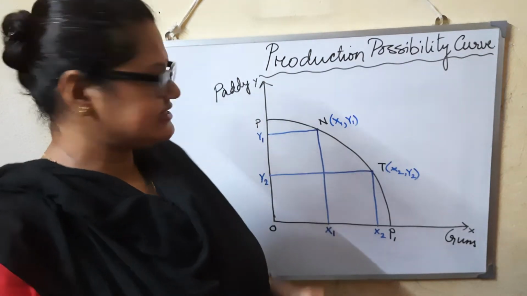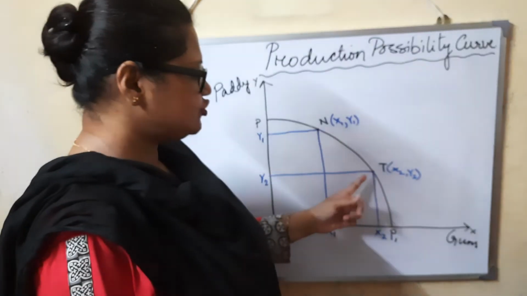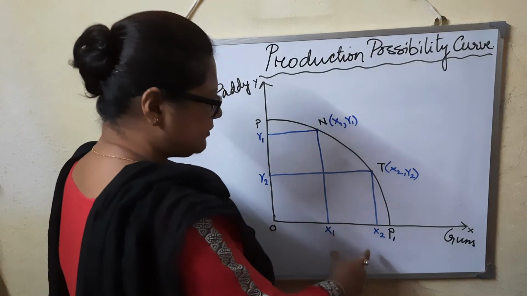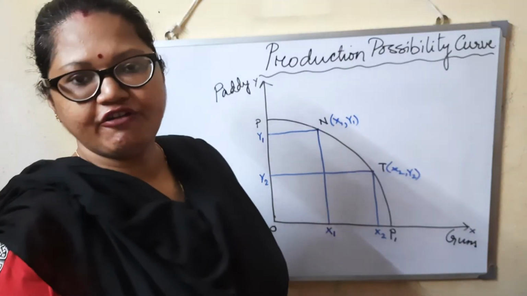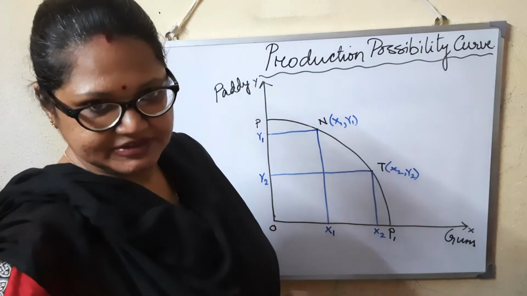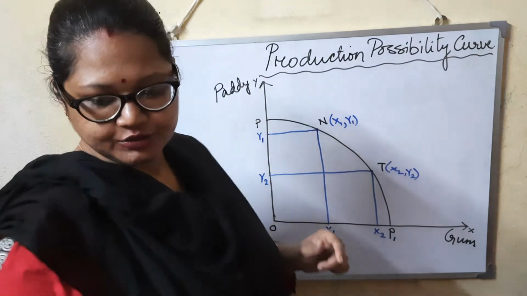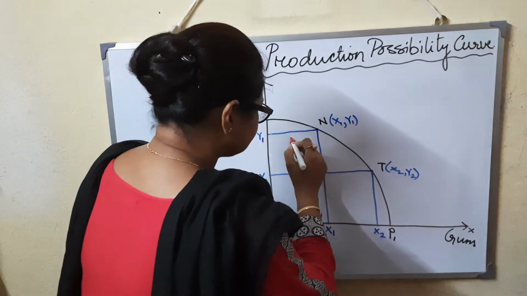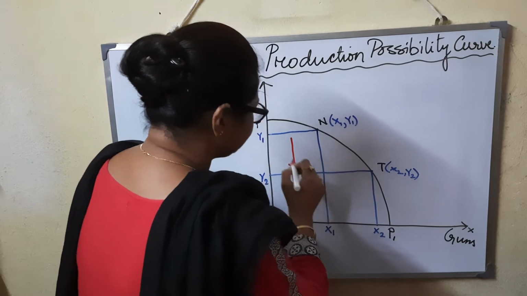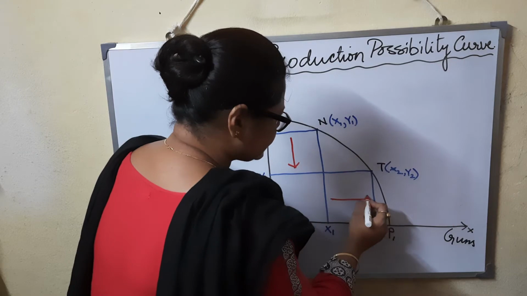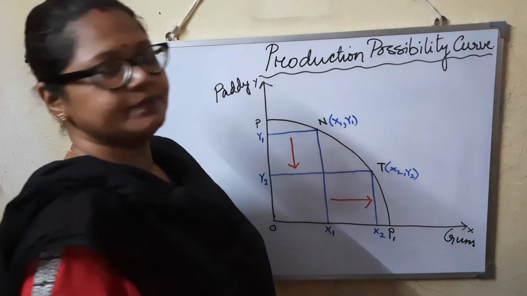So in that case, the country can shift to the combination T where more guns will be produced, and because the amount of resources is limited, they have to reduce the production of paddy. Paddy production gets reduced from Y1 to Y2 when production of guns is increased from X1 to X2.